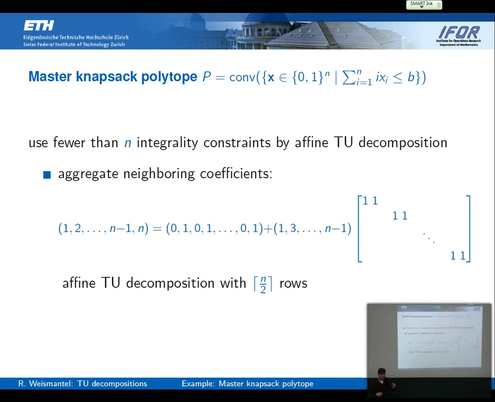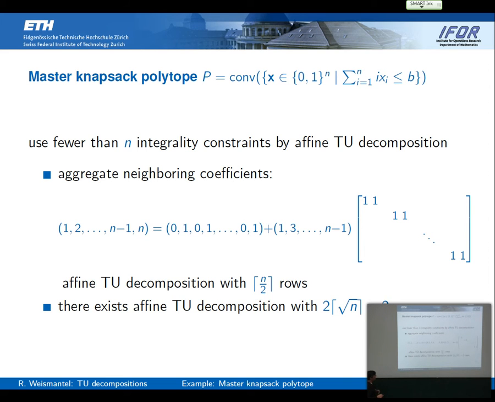Two consecutive items have weights i and i plus 1, so they are only off by 1, and those you can always aggregate together. That clearly gives you a TU decomposition. If you work out what the matrix U looks like, you get exactly this desired decomposition, with n divided by 2 rows.